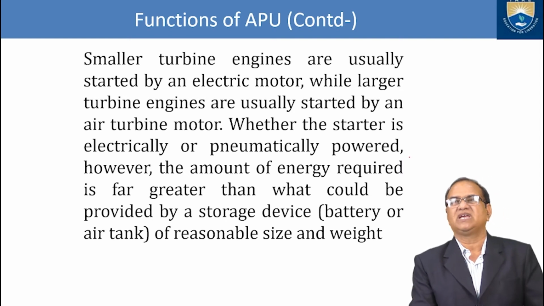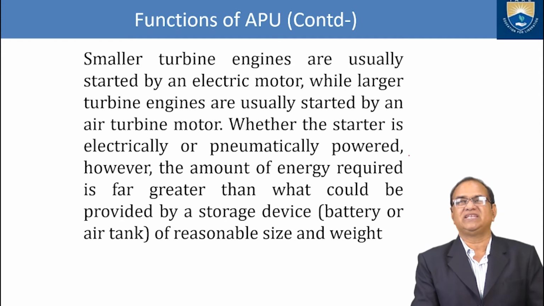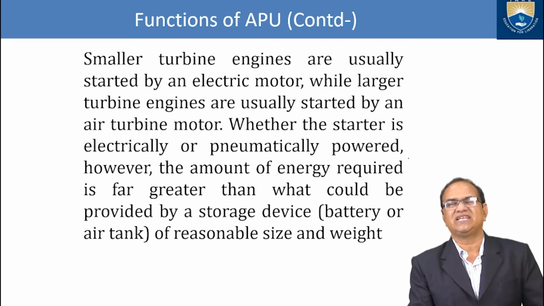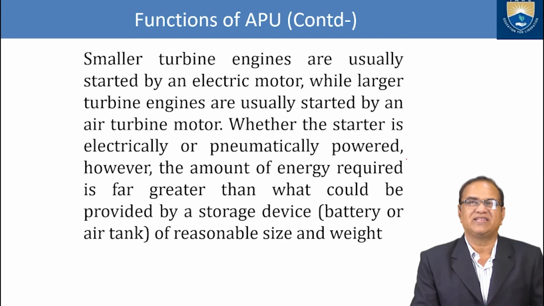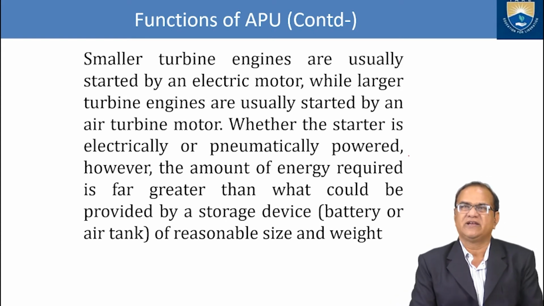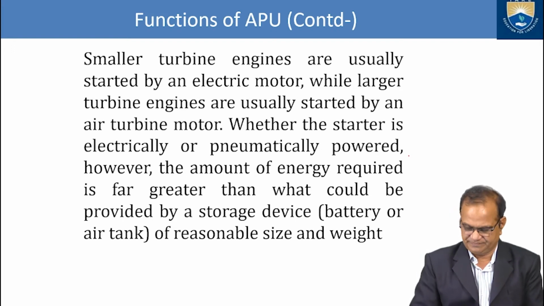At that time only, fuel is injected and the main engine is started. Once the one engine is started, the second engine is started by the APU. In this way, APUs are very important, and this is not possible by small devices.